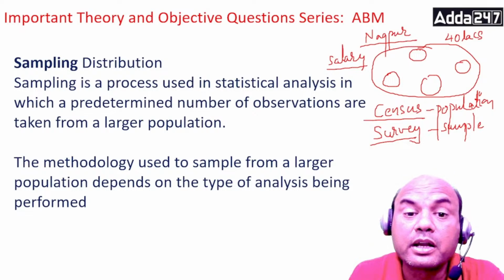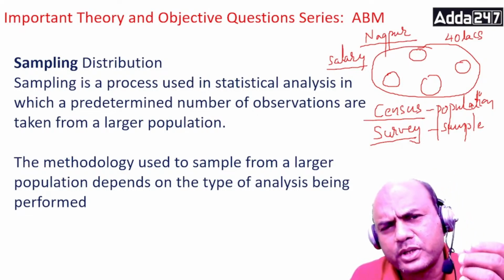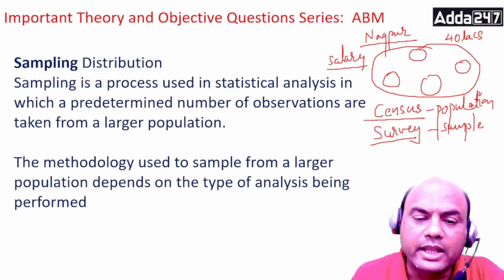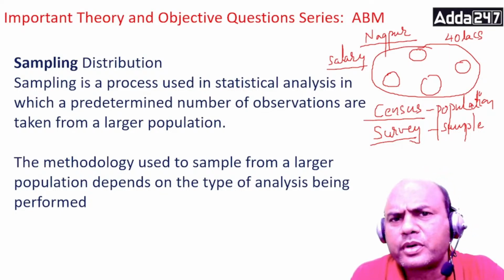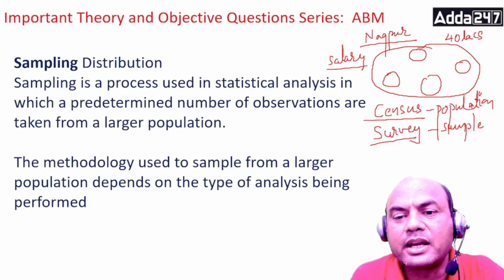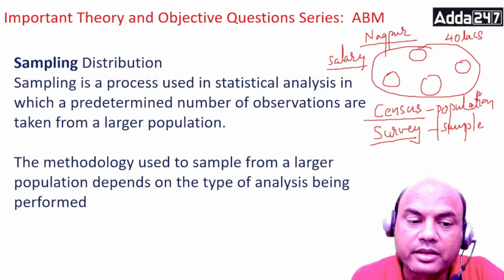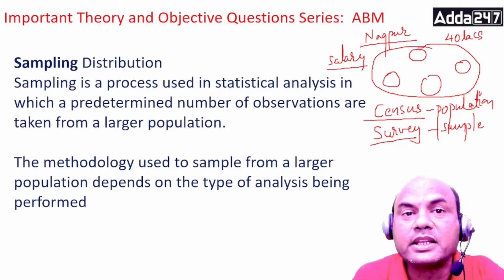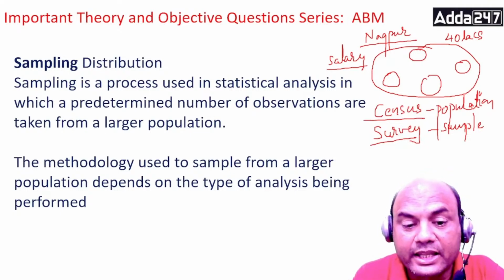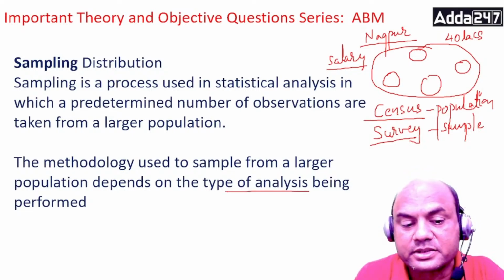Suppose I want a detailed survey, very detailed, minutest details I want. So in that case, I'll take a higher sample. I'll take 10,000 persons per corner. So 10,000 here, total 40,000 samples I'll be taking. So it depends on what is the level of accuracy I want. Analysis being done, type of analysis.